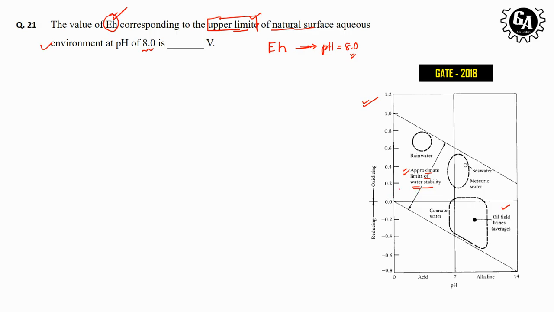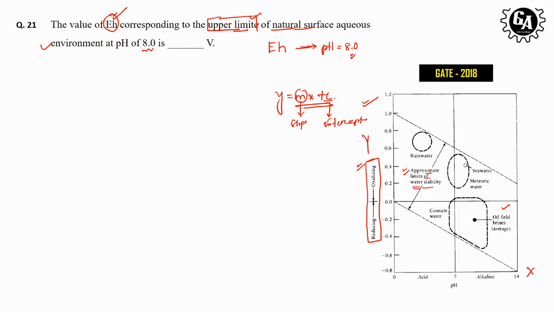So what actually happens? You can see this is a straight line. If it is a straight line, then we can represent it as y equals mx plus c, where m is the slope and c is the intercept, this is y and this is x. The y here is the reducing or oxidizing condition.